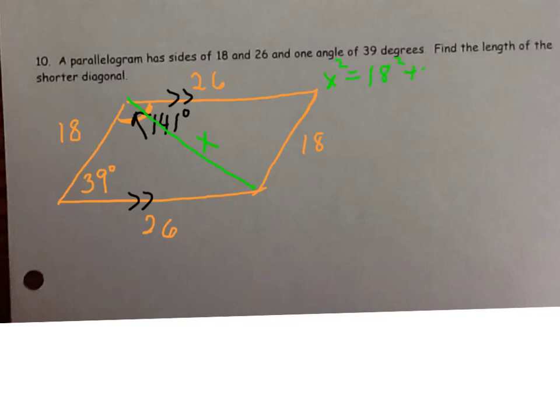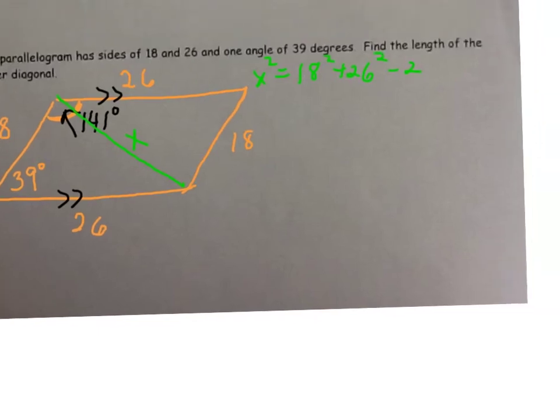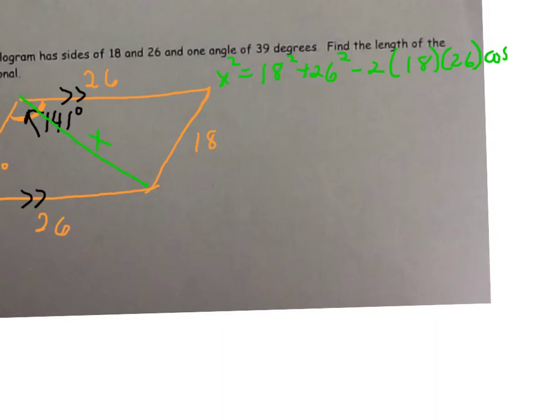The 2 sides squared and added together, minus 2 times 18 times 26, cosine of that included angle there, so 39 degrees in this case. Okay, now, depending on how you enter it in a calculator, 1 step, 2 steps, however you enter it, we should get X to be about 16.5.